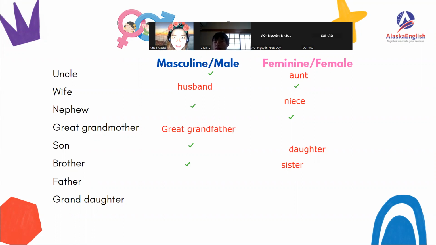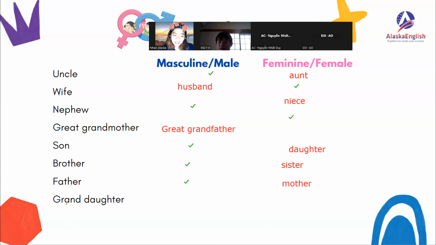Male or female? Male, right? Who is the opposite of father? Mother.